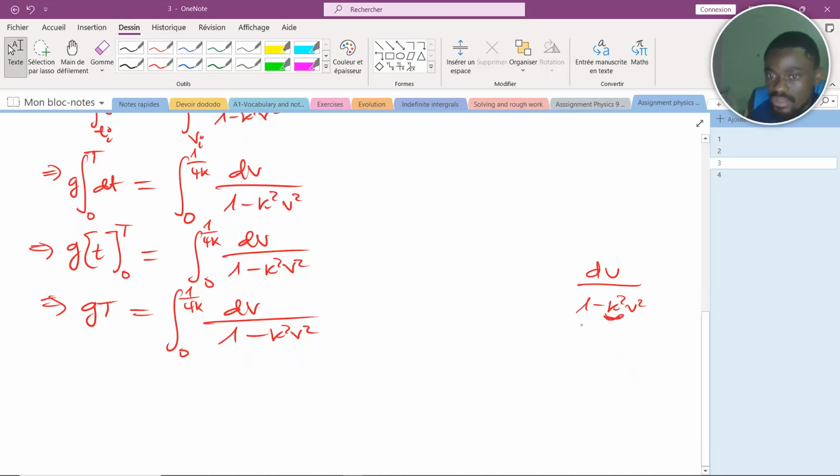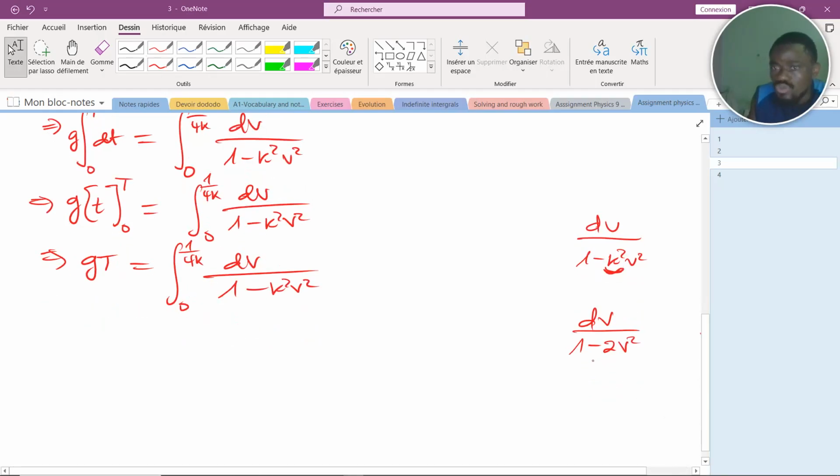It's basically like they're asking you to integrate 1 dv over, let's say this constant was, for example, 2, so we have 1 minus 2v squared. What are you supposed to do? To integrate this, this is a difference of two squares, because this is 1 square minus the square root of 2 squared v square.